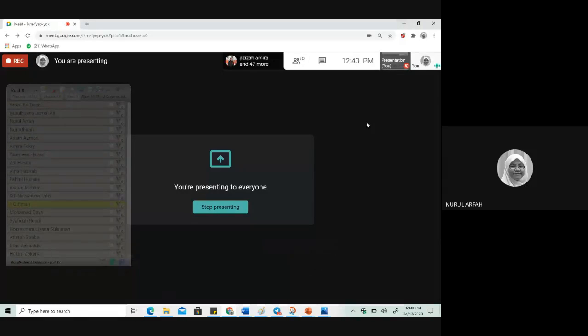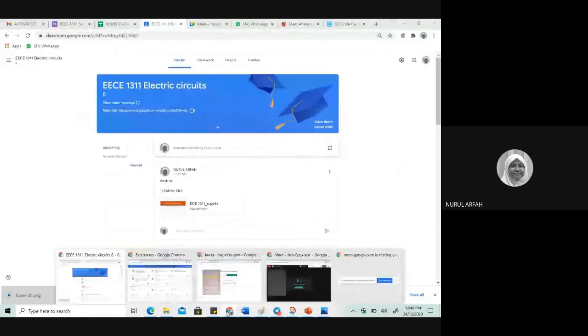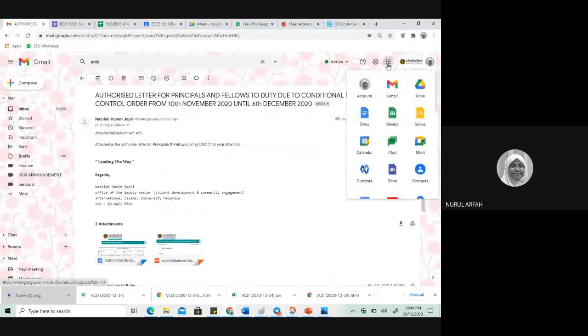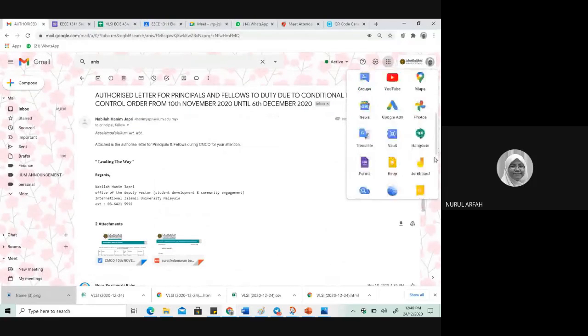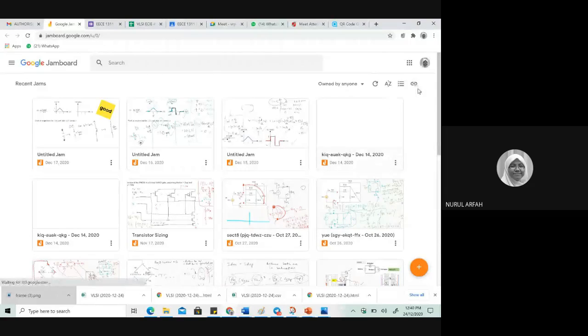The other section I forgot to share Jamboard, so I drew myself. Where is the Jamboard? We have like 10 minutes. Okay, never mind, we just pick one or two. Okay, maybe this one.